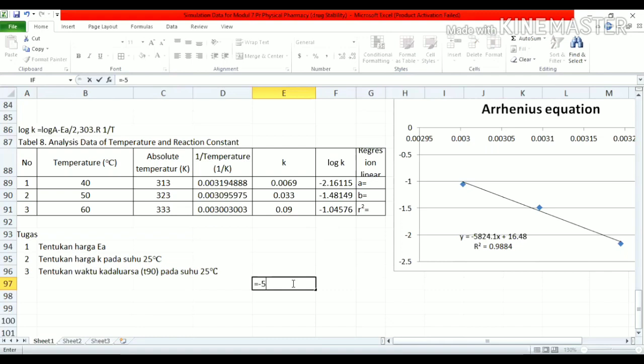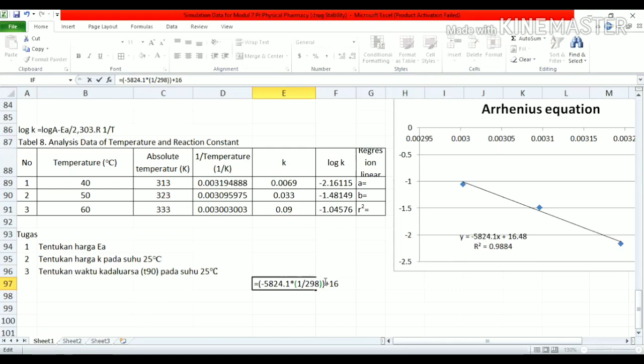Okay, after you get the value of K at the temperature of 25 degrees Celsius, or room temperature, you can calculate the value of T90, but you have to choose the suitable formula for T90, because you have to choose the order of reaction, because different order reactions will have different formulas for T90.